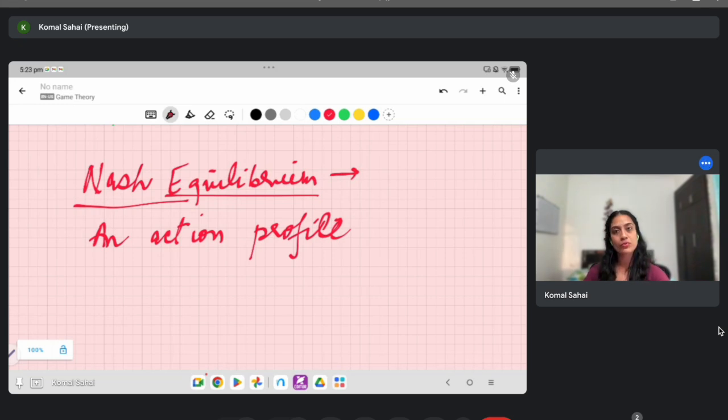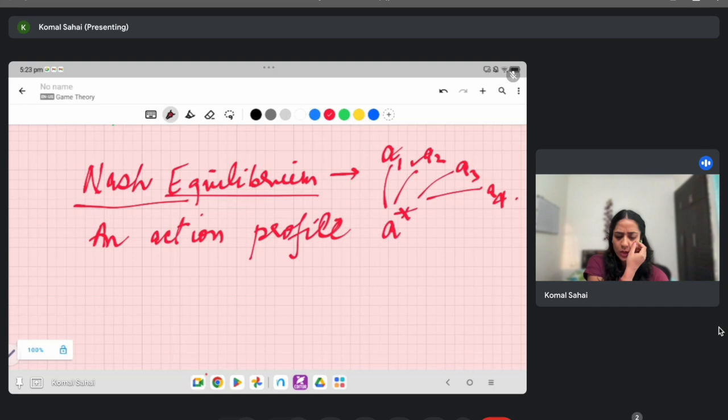So it's an action profile A star. So A star क्या है? हर player के लिए इसने एक action assign कर रखा है. 4 players हैं तो इसका एक action, इसका एक action. So A1, A2, A3, A4 for example. ठीक है ना? So हर player के लिए action available है, मतलब एक action assigned है.